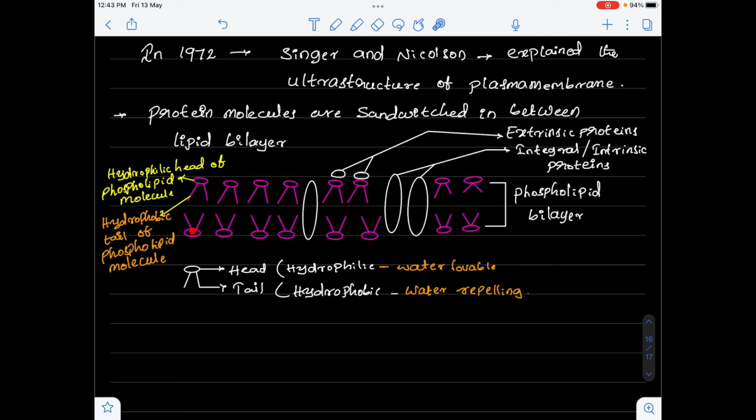So even this area is water lovable and can allow the passage of water, but when it reaches this area, the tail does not allow the passage of water. So in such cases, the integral proteins present between these two lipid layers and the extrinsic proteins help in the transport of water and water soluble substances inside the cell cytoplasm or outside the cell.